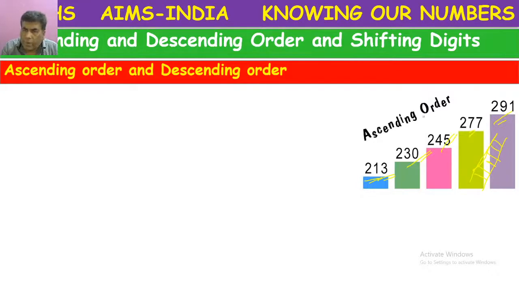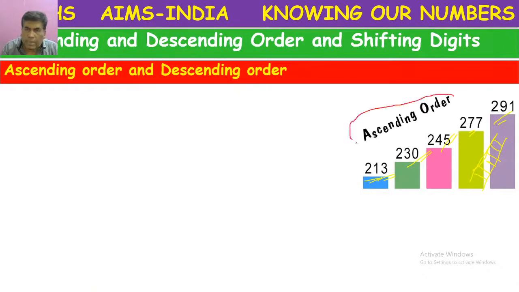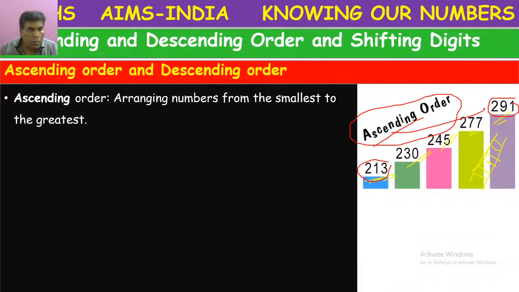This order is called ascending order. It means writing the numbers in order from smallest value to largest value. We call it ascending order, arranging numbers from the smallest to the greatest.